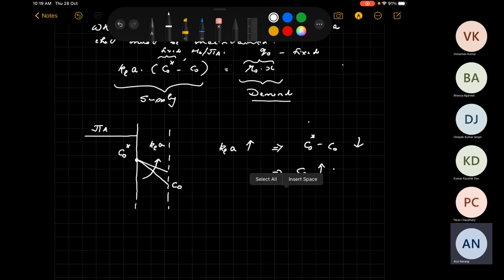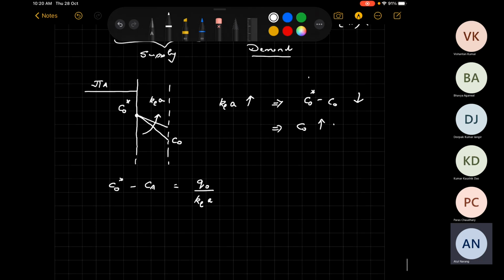Going back to this equation, call this equation star. You can see from equation star that it is better to put it like this: C_O star minus C_O equals Q naught, which is a fixed quantity, divided by K_L a.